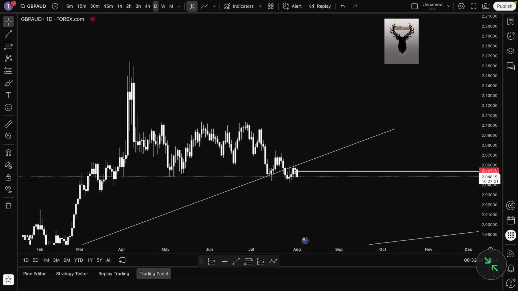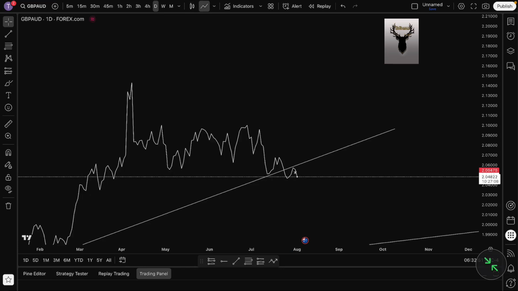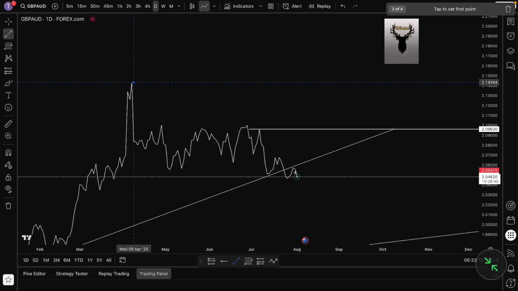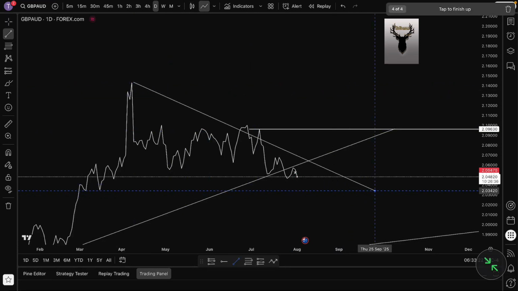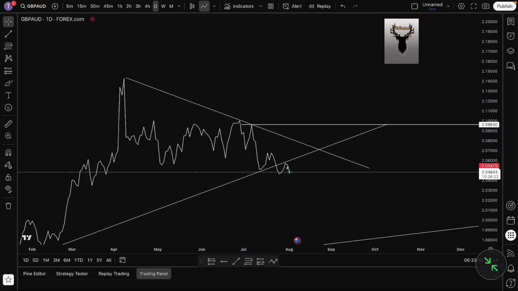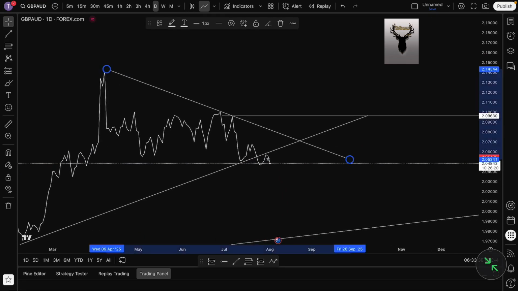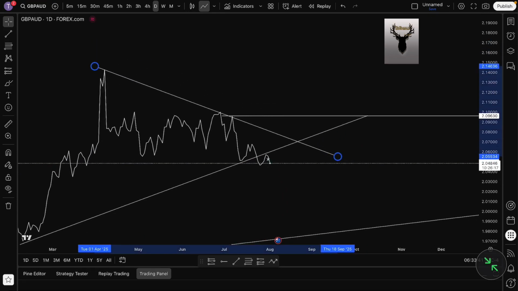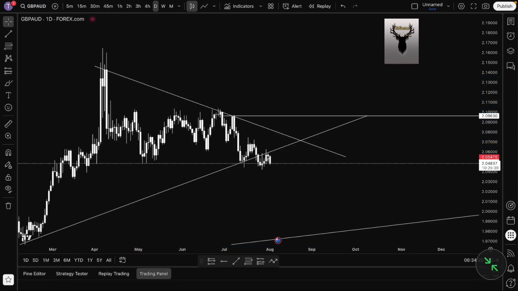So this is how to combine trend lines. Let's say this is where I want to sell from. You can also draw something. We have another trend line here, and we have broken it.